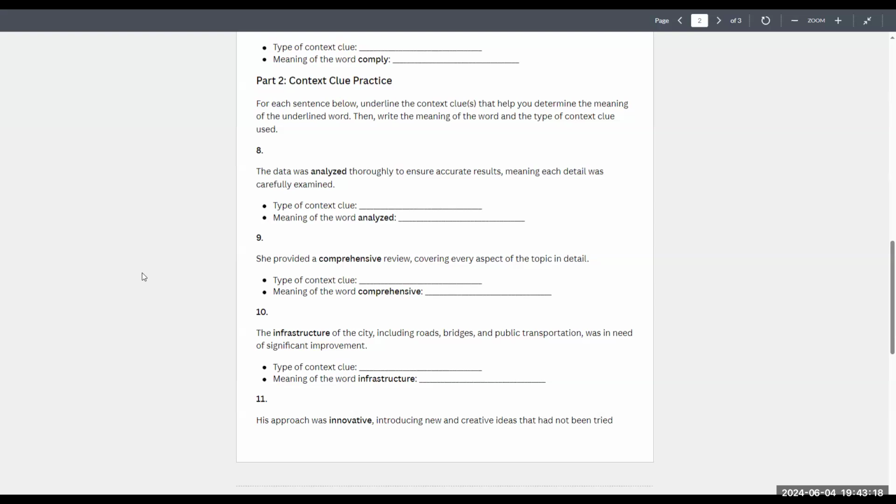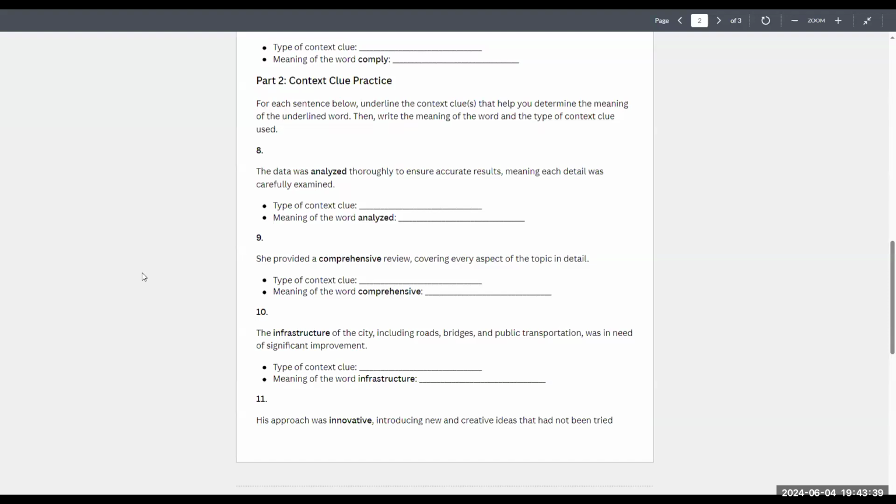Carefully examined. That's exactly what it is. What kind of clue is that? What do you think? Results and meaning of each detail.